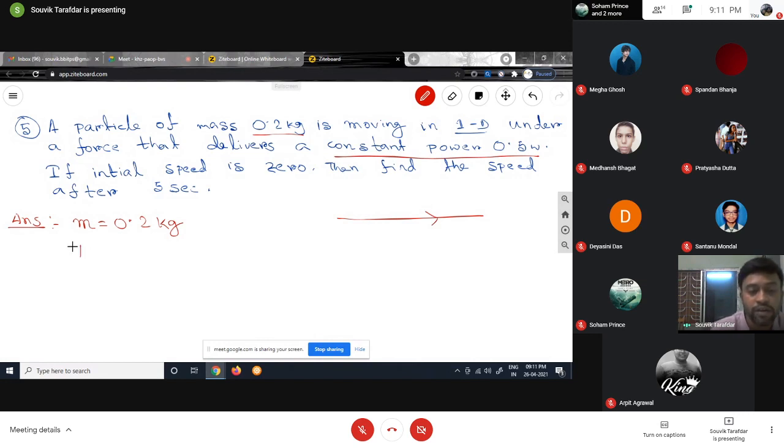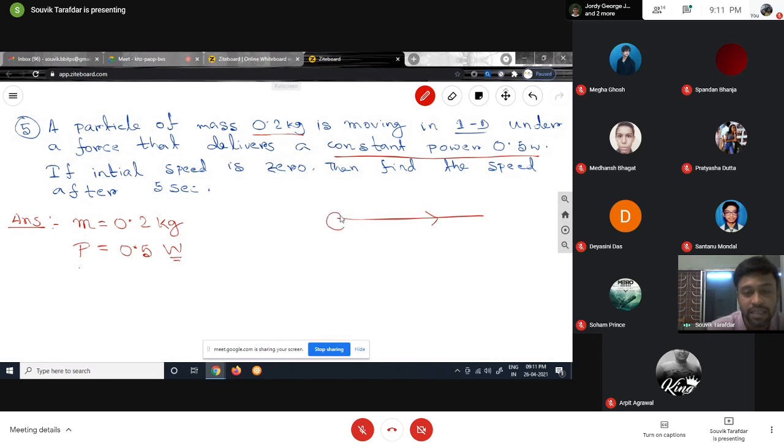Power, how do we denote it? We denote power as P. We have studied in work, power, energy, no? P is equal to 0.5 watt. The SI unit of power is watt.